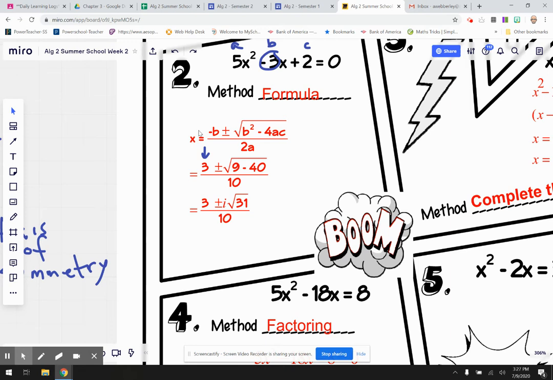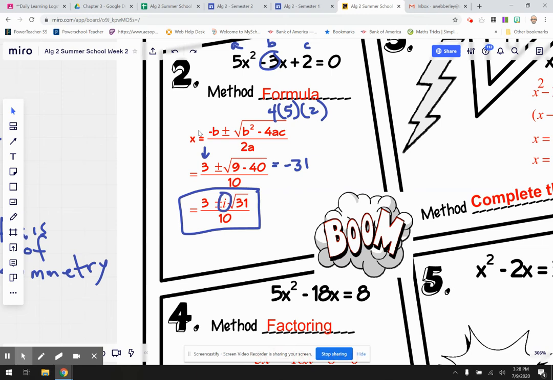Minus 4 times 5 times 2. You'd get 20 times 2 is 40. That's how they got the 40 in there. And then this one you can't reduce, and it's actually a negative in here, negative 31. So that comes out as an imaginary number there. So that's where they put the i. That negative comes out as an i.